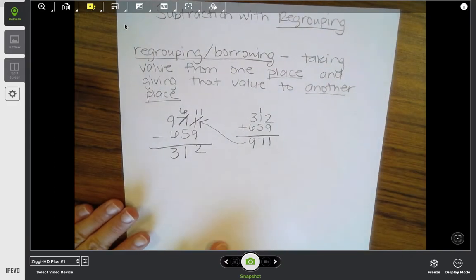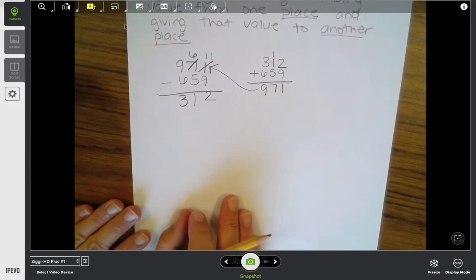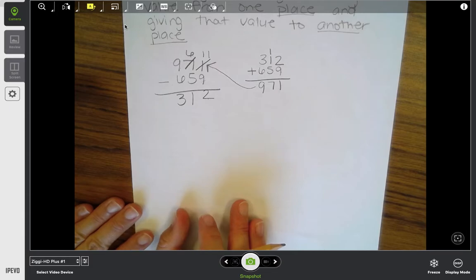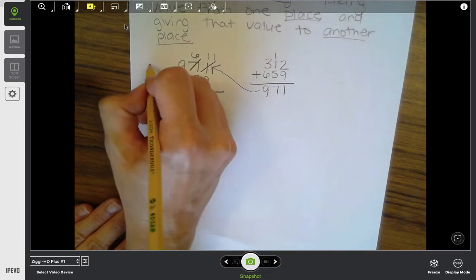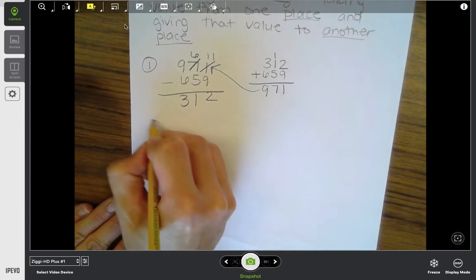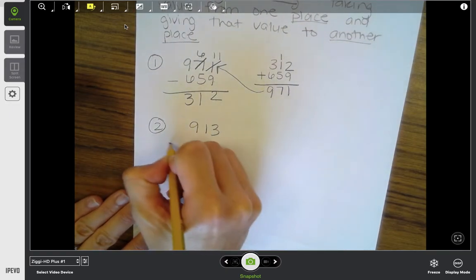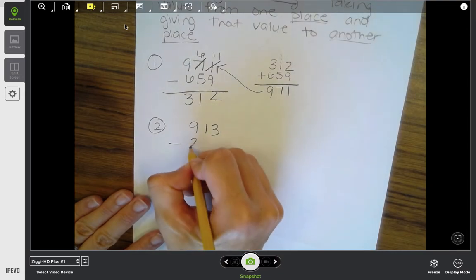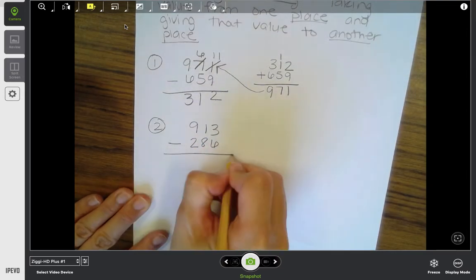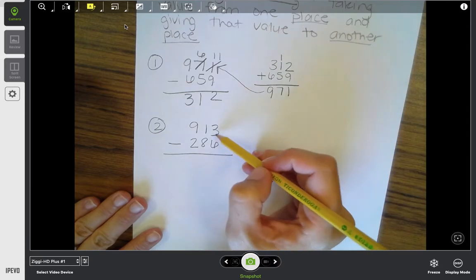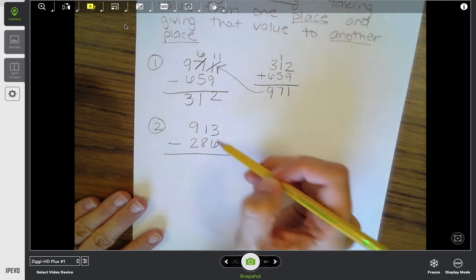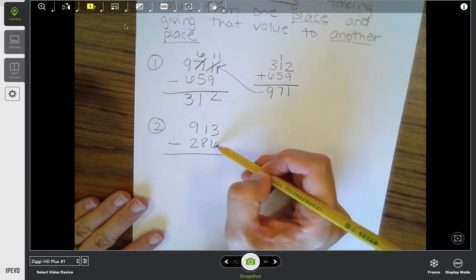Okay, I want us to do another subtraction problem where we have to regroup or borrow. So that was number 1. Let's do this problem. Let's say we had 913 and we're subtracting from it 286. Right off the bat, 3 is smaller than 6, so I'm going to have to borrow.